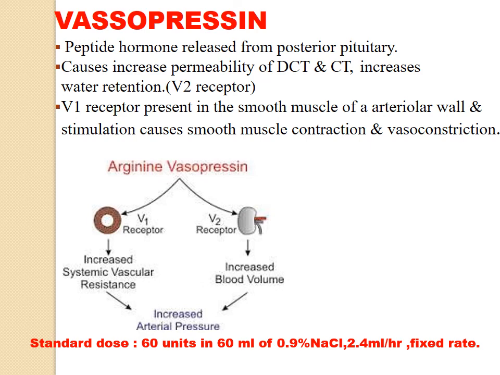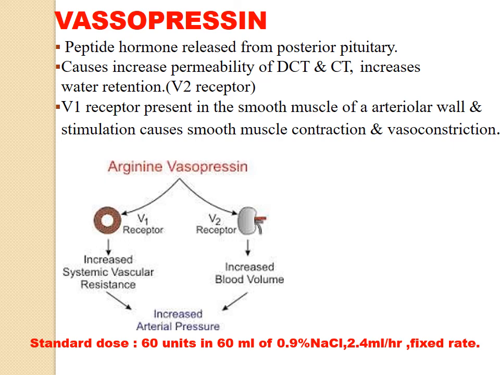Here I summarize in this flow chart: arginine vasopressin released, if it acts on the vasopressin 1 receptor, is responsible for increase in systemic vascular resistance. If it acts on the vasopressin 2 receptor, it is responsible for increase in the blood volume through water retention by the kidney.